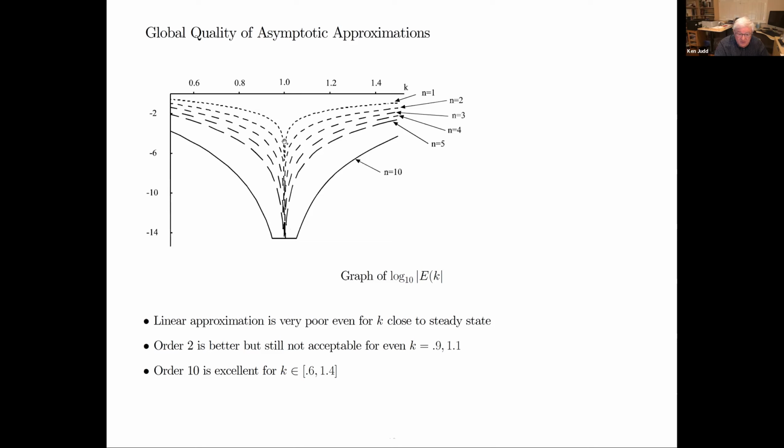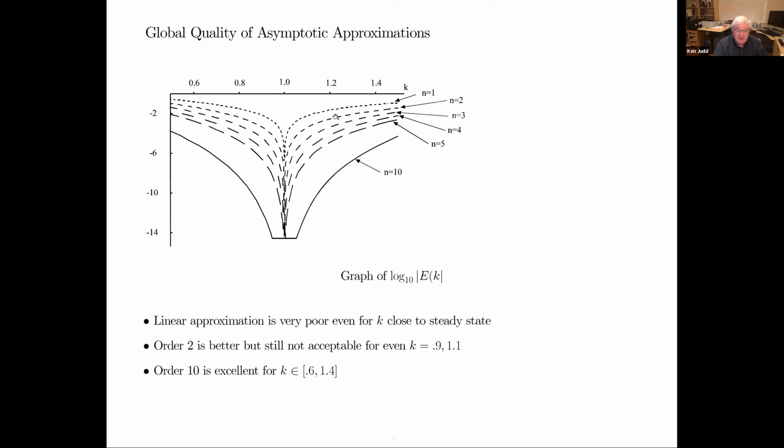But with the linear approximation, the log base 10 errors explode coming out of K equals 1. In fact, the errors are bigger than 1% outside of a small interval about the capital stock of about 1.